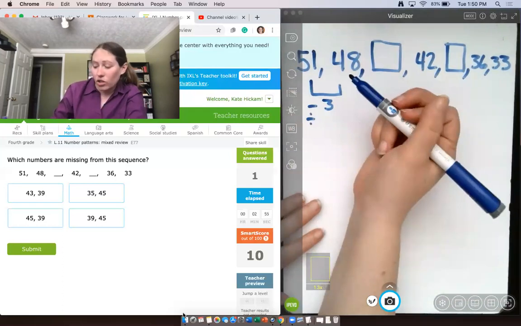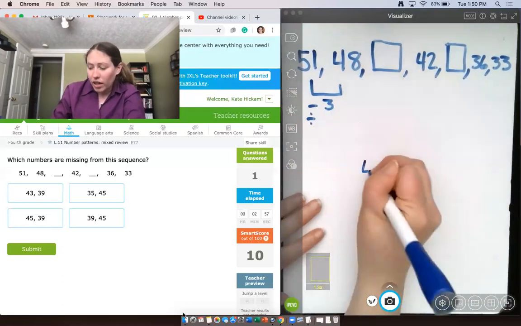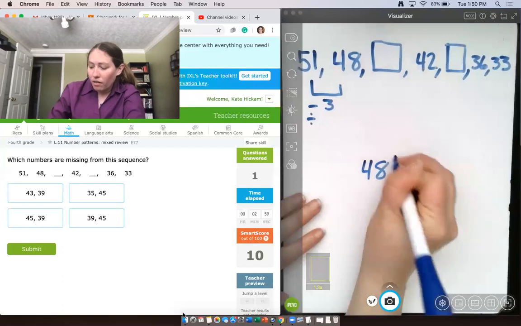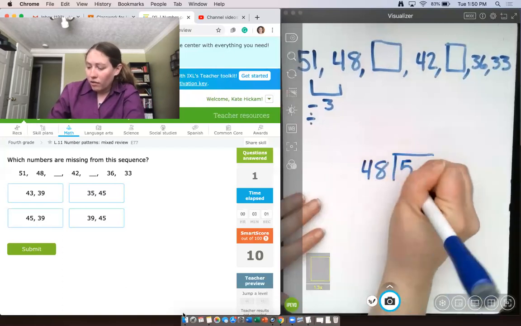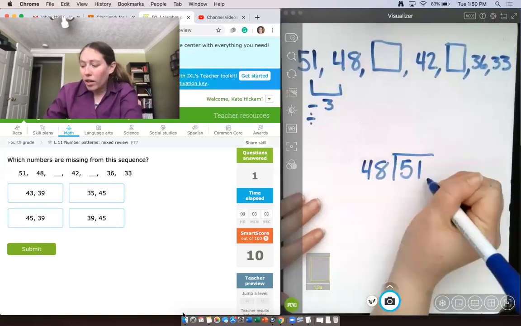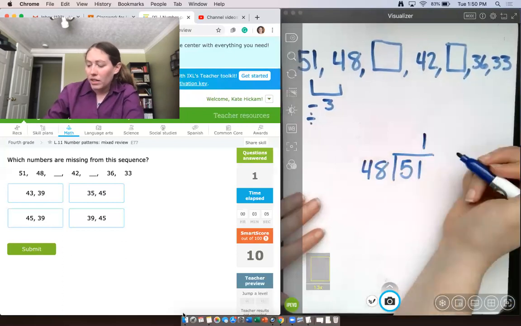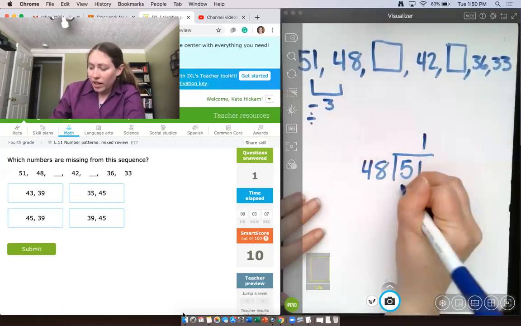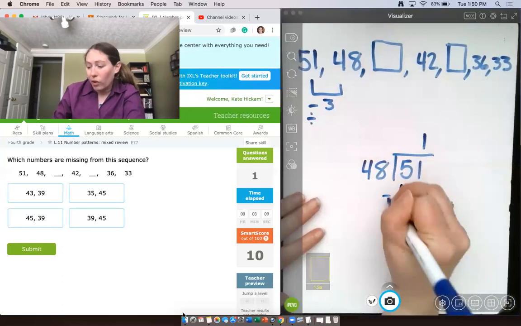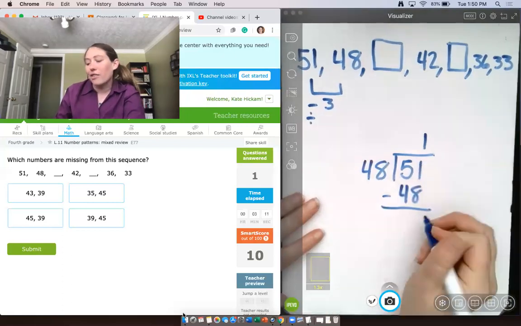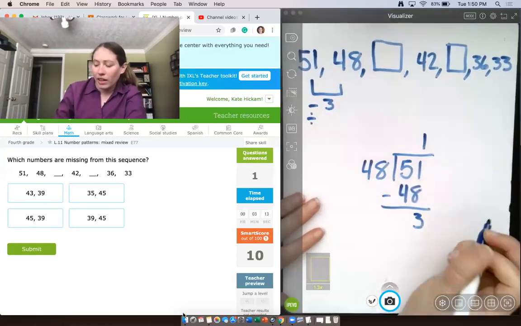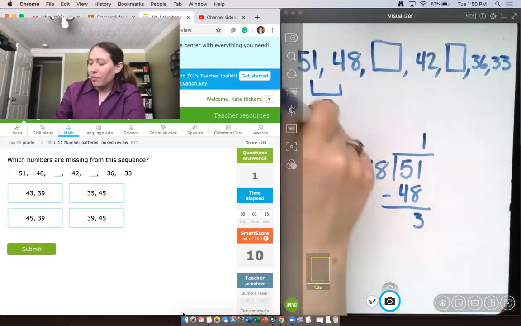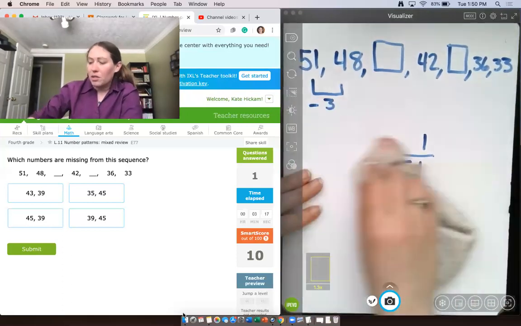So I can actually do the math on that. 48 goes into 51 one whole time, but 1 times 48 is 48. So that means I'm going to have a remainder of 3. So it can't be divided. So this one, I'm subtracting by 3.